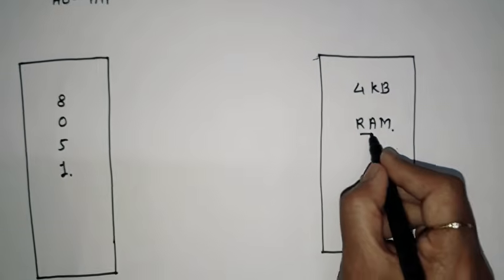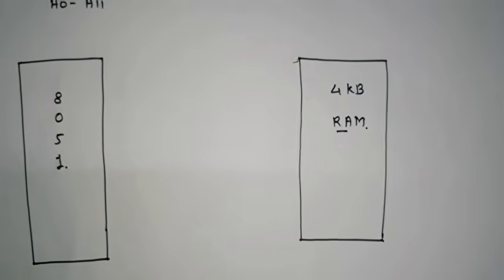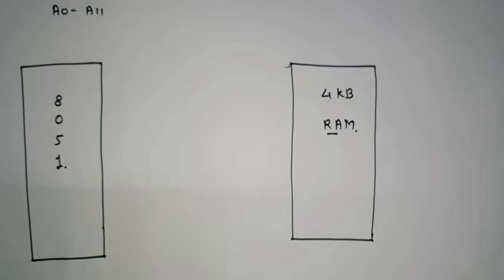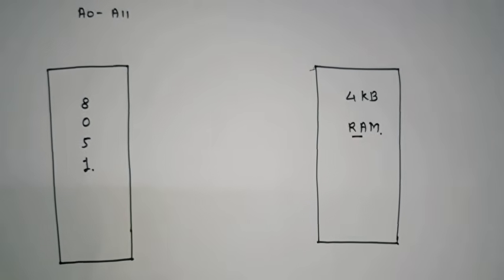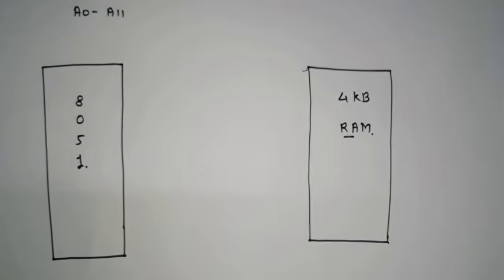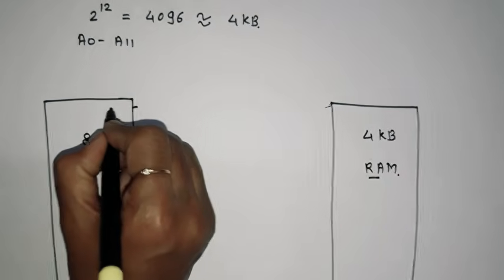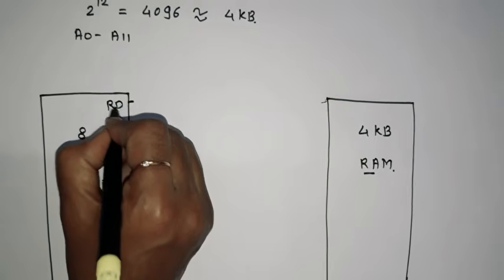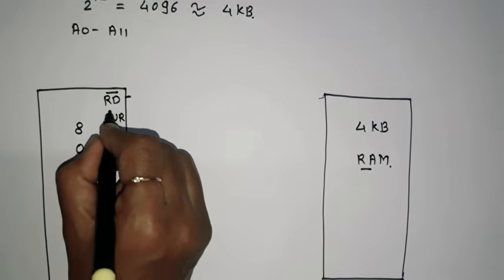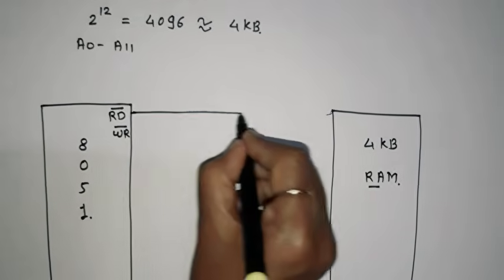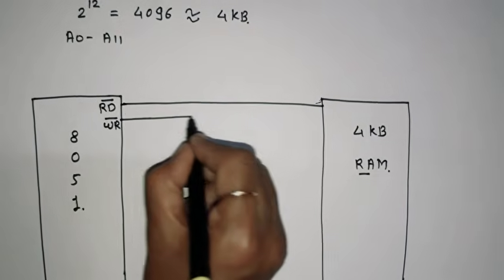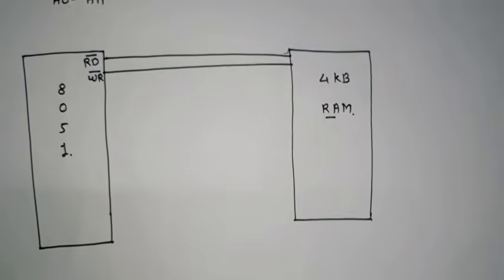So it is RAM, that is random access memory or read-write memory. The controller can write data into that memory or read data from that memory. So we have to use both control signals, that is read bar and write bar of the controller, and directly connect these pins to the memory chip.